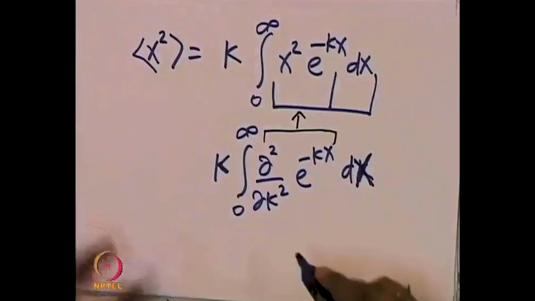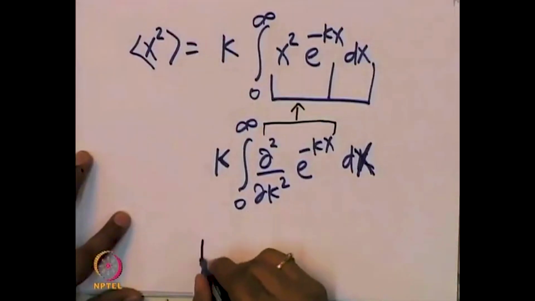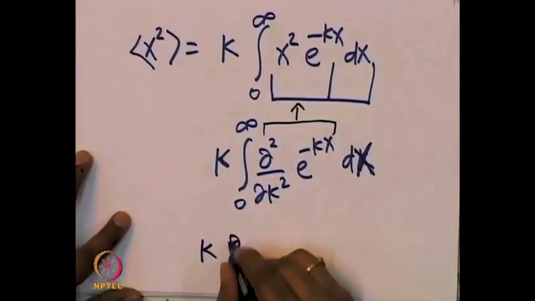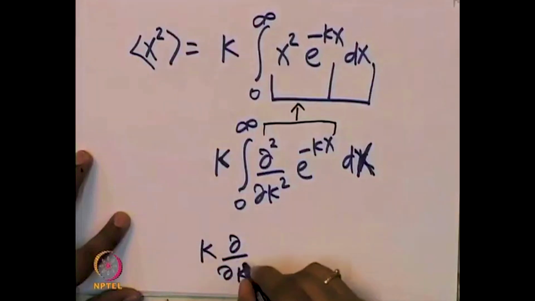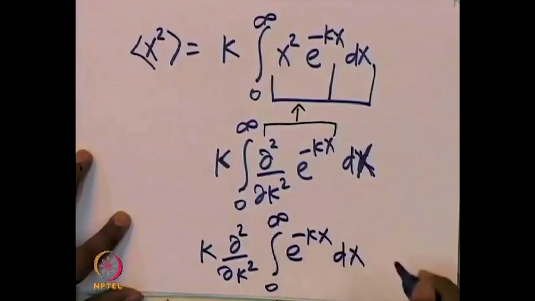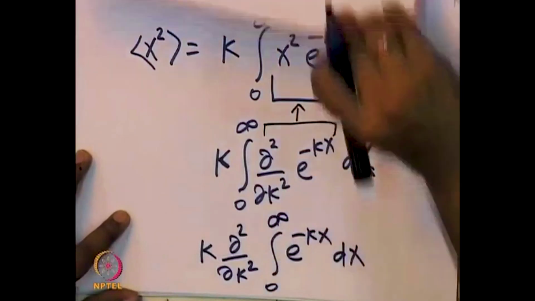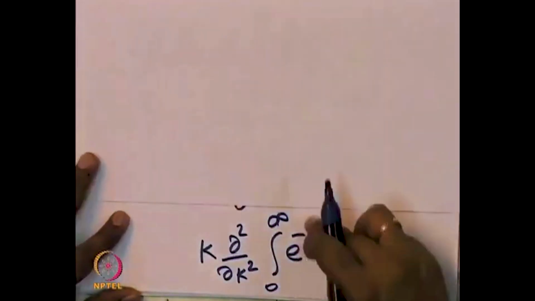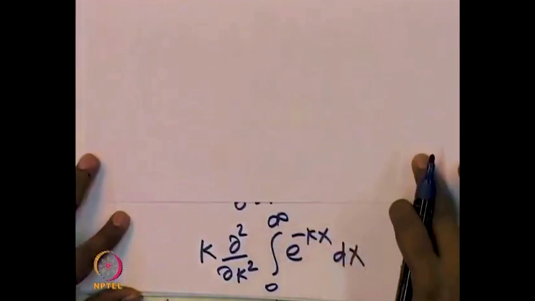Okay. So now if you do this, what you get is k times del by del k squared, integral from 0 to infinity of e to the power minus k x dx. You know that the integral from 0 to infinity of e to the power minus k x dx is 1 over k.